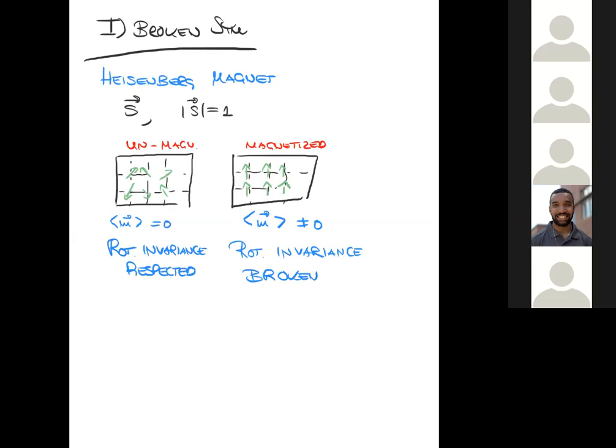So one way to think about this kind of phase transition, where the system goes from non-magnetized to magnetized, is as a transition where the symmetry of the system changes from being rotationally invariant to not being rotationally invariant, okay? I will give more examples of that on Wednesday, and I hope this will become clearer. In the meantime, you can also start to read, again, the book has a whole chapter about broken symmetries and order parameters where a lot of these examples are discussed.